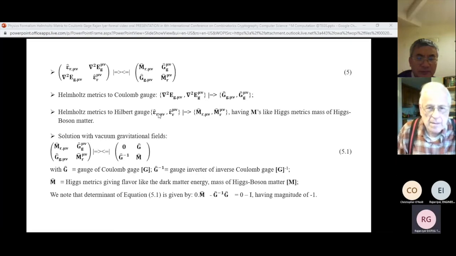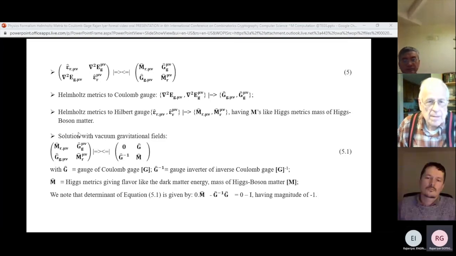Extensive vacuum electromagnetic gravitational field gauge. Okay, so when I solve for the vacuum gravitation solution, I can get this type of matrix where it shows the Hilbert, the Coulombic Hilbert gauge, and the inverse of that. Okay, and it has a negative sign here. And then you have, in vacuum, this is zero, this mass.